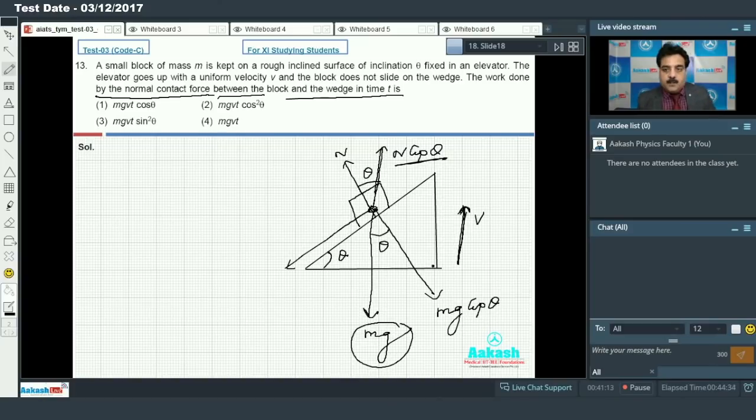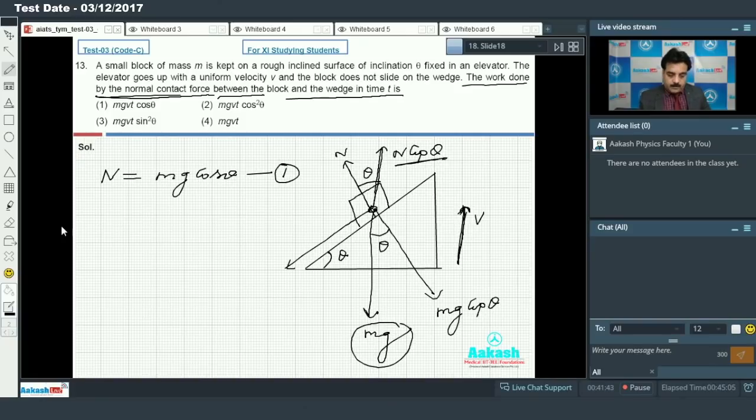This is one situation, and I need the work done by the normal contact force between the block and the wedge in time t. As the block is at rest with respect to the lift, it is given that the block is at rest with respect to the lift, so we will take normal force equal to mg cos theta. There is no confusion, because the block is at rest with respect to the lift.